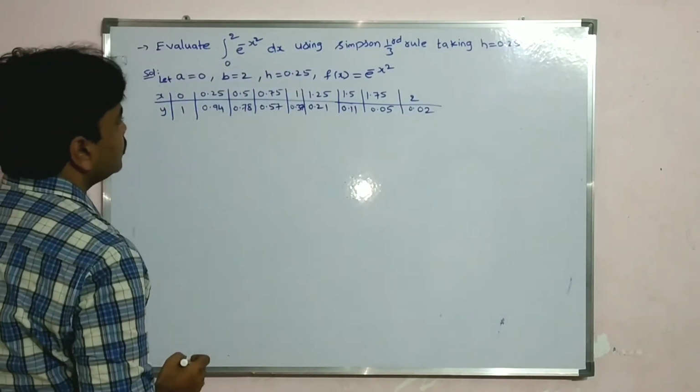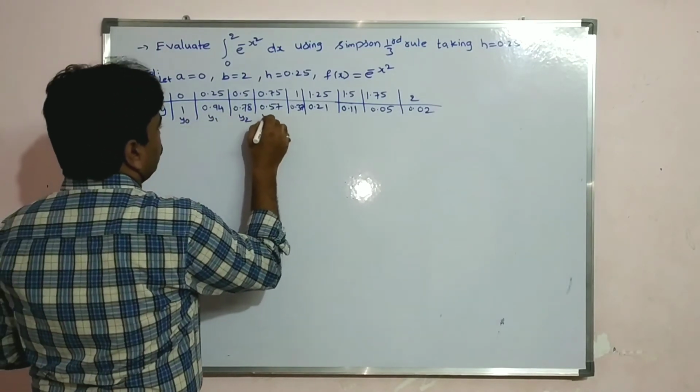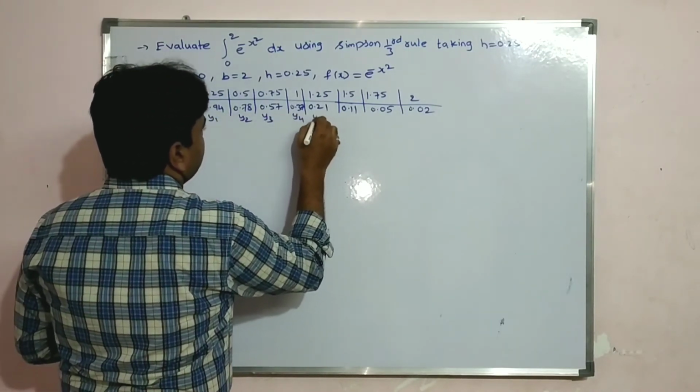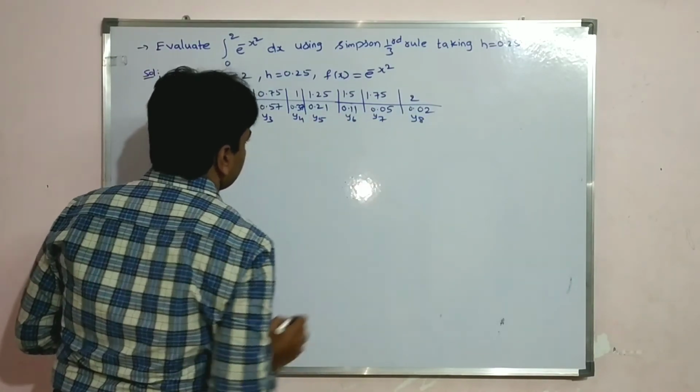So these are y0, y1, y2, y3, y4, y5, y6, y7, y8, students.